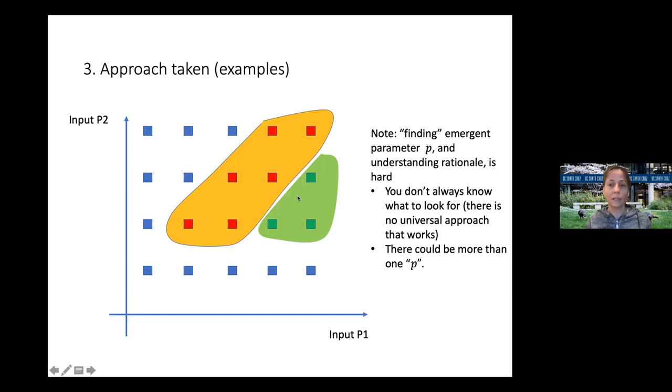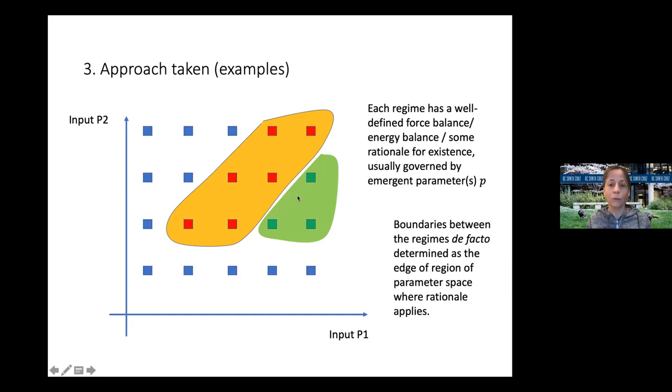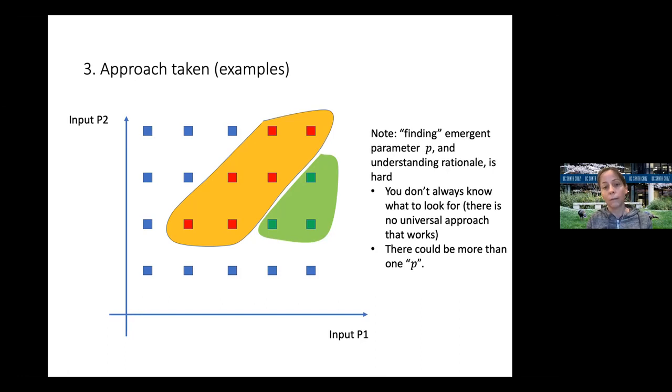And usually, by the way, there's an emergent parameter that describes what happens in one group and another group. So it's not input P1 and input P2, it would be a new parameter that describes what's going on. Now finding that rationale and identifying the correct emergent parameters is a dark art. That's really difficult.